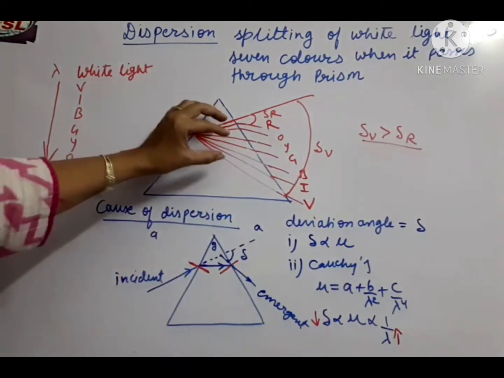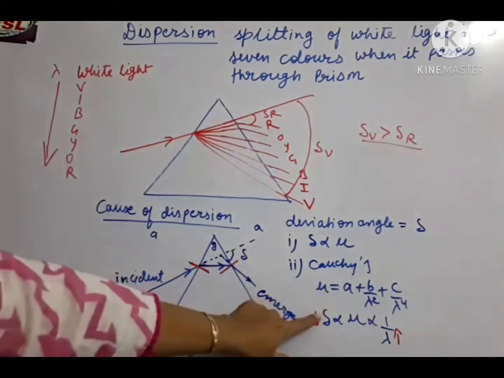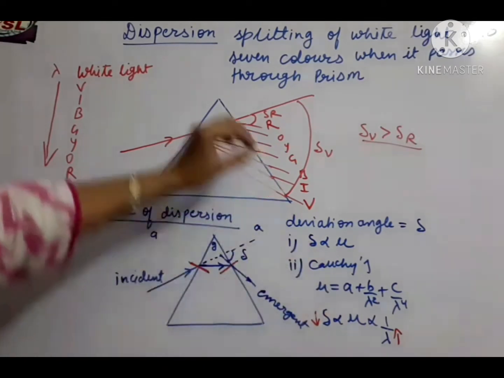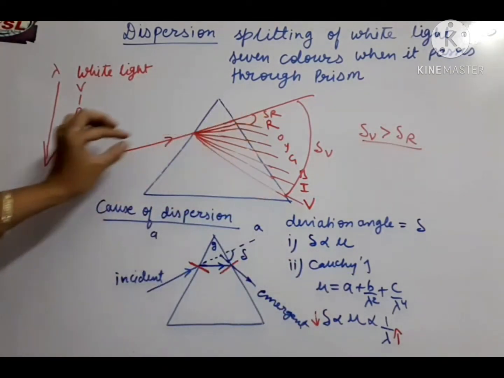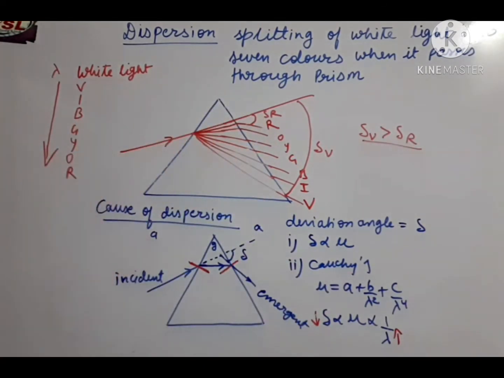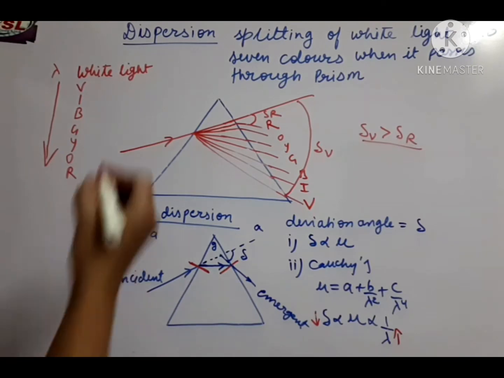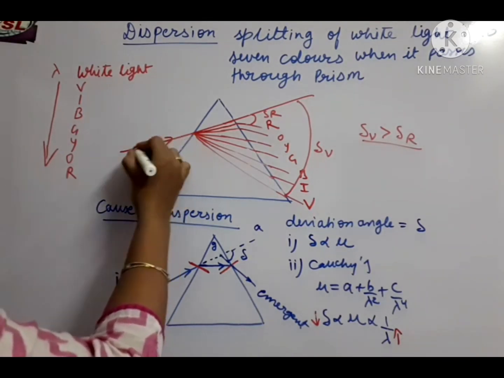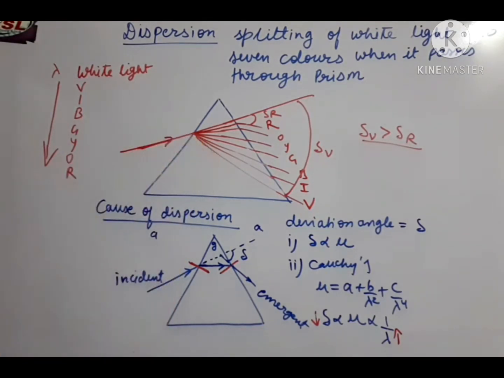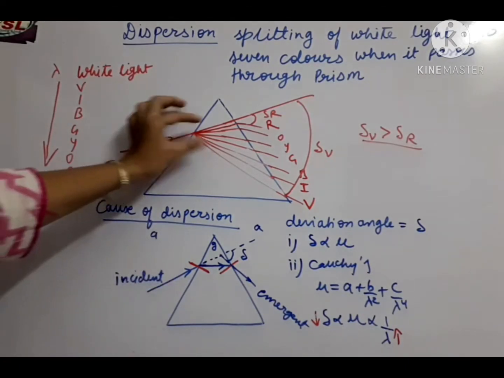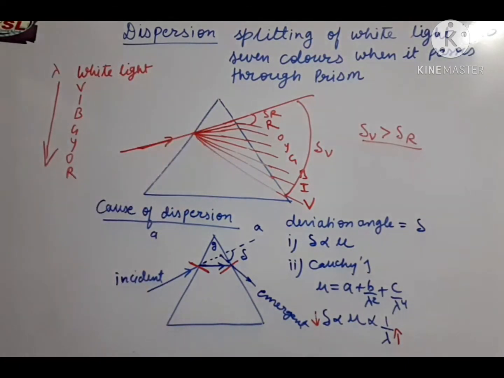That's why the colors divide. Already in the white light all 7 colors were present in this single line, but when they entered the prism, they got divided. So this is the dispersion phenomenon.